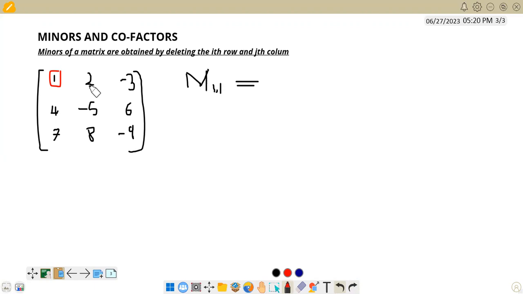We remove this row and cancel this column, so we remain with -5, 6, 8, and -9. So we form a 2 by 2 matrix: -5, 6, then 8, then -9.